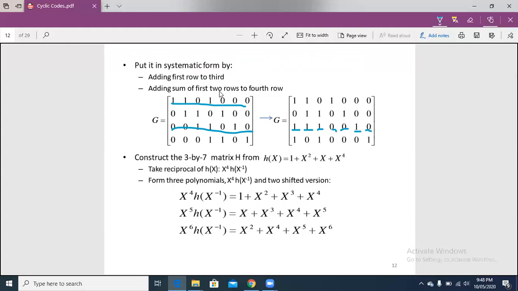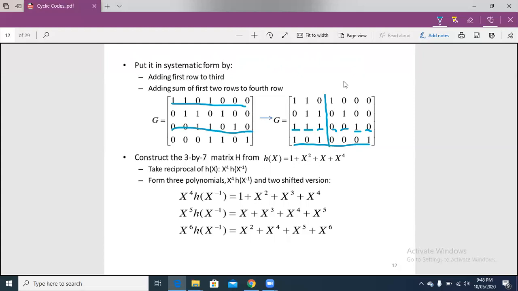Now adding the sum of the first two rows to the fourth row. So we have to add these first two rows into the fourth row. 1 0 exclusive or is 1, and 1 0 exclusive or is 1. In that way, we generate this matrix. So this is divided into two parts.